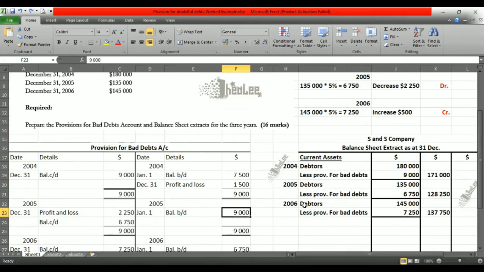In a previous session, I looked at a question, accounting entries for provision for bad debts. Remember, the link will be in the description. In that question there wasn't any opening balance. However, for this one, there was an opening balance of 7,500.